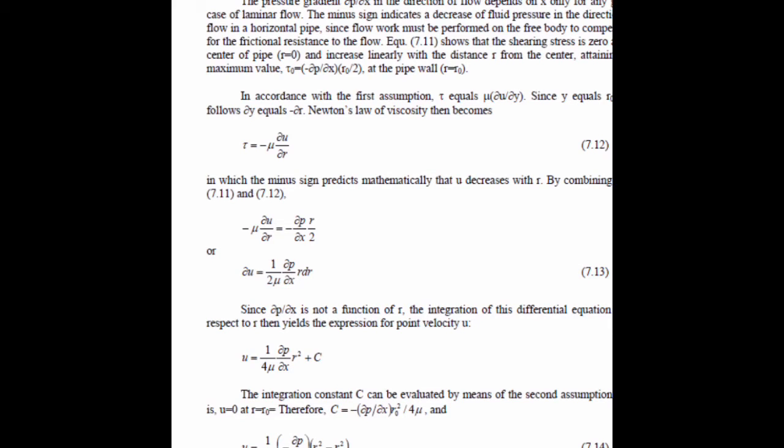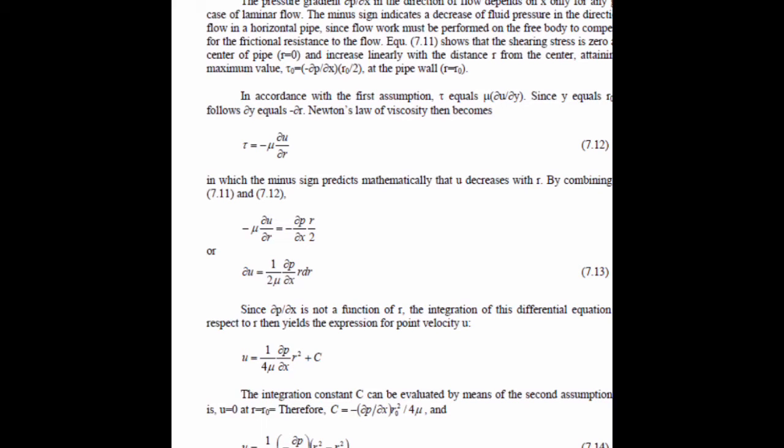According to the first assumption, we have shear stress equals mu del u by del y. Since y is equal to r naught minus r, it follows del y equals minus del r. Newton's law of viscosity then becomes tau equal to minus mu del u by del r, in which the minus sign predicts mathematically that u decreases with r.